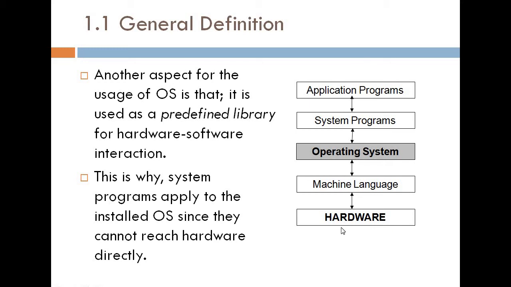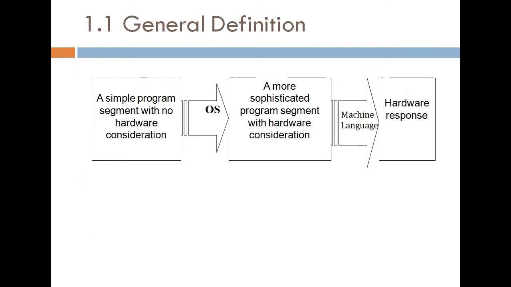In this layered architecture of the computer system, the operating system is in the middle position. So application programs and system programs interact with the hardware through operating system. It is also important to interact all application and system programs with the hardware through operating system.